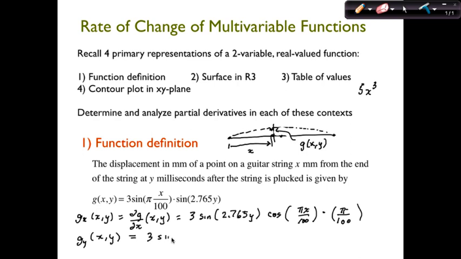It's just a constant, right? And then we get to this, and that's a function of y, so the derivative of sine. Try again. Cosine. Just cosine of 2.765y times 2.765. There you go.